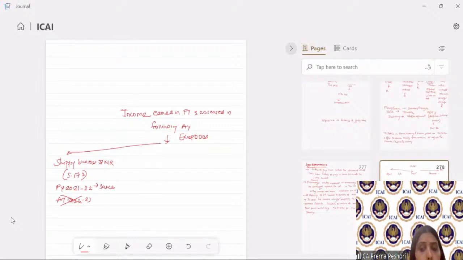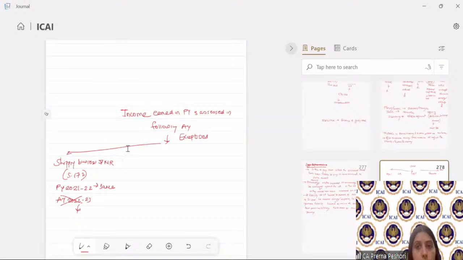So they will make the payment of tax, they will file the return of income, and then the AO will give the certificate, and then only the ship can leave. Is that clear? Any doubt? Any doubt? So here, remember one thing.